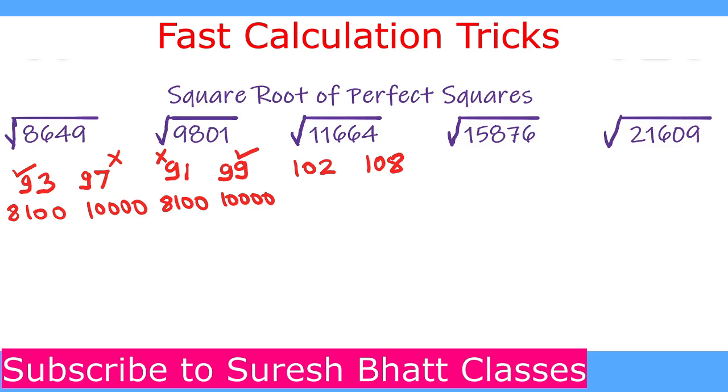So the square of 100 is 10,000 and the square of 110 is 12,100. Now the number 11,664 is more close to 12,100. As such, the square root must be close to 110, which is 108. So our answer is 108 and not 102.